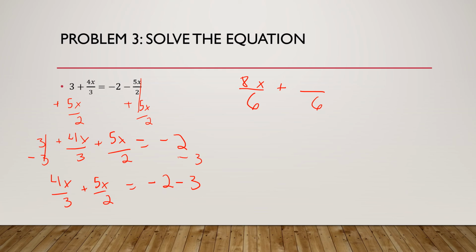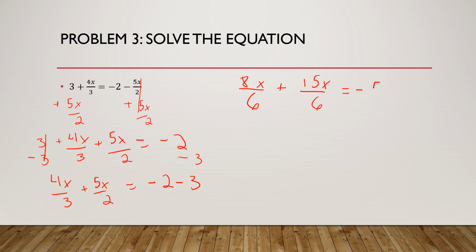All right, remember what we do to the denominator, we're going to have to do to the numerator. So since we multiply our denominator by 2 to get 6, we're going to have to multiply our numerator by 2 to get 8. All right, so now for 5x over 2, 2 times 3 is 6, right? So 5 times 3 is 15x. Right, equals negative 2 minus negative 3.